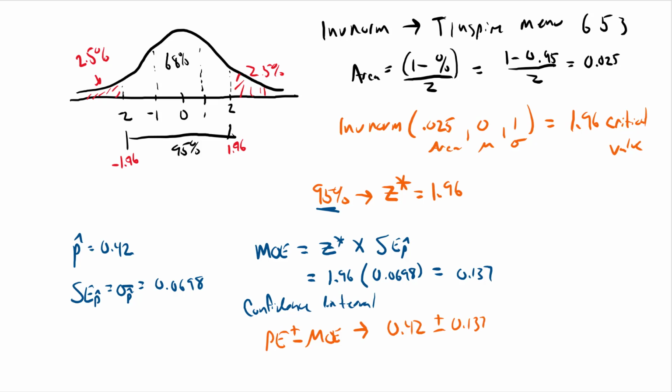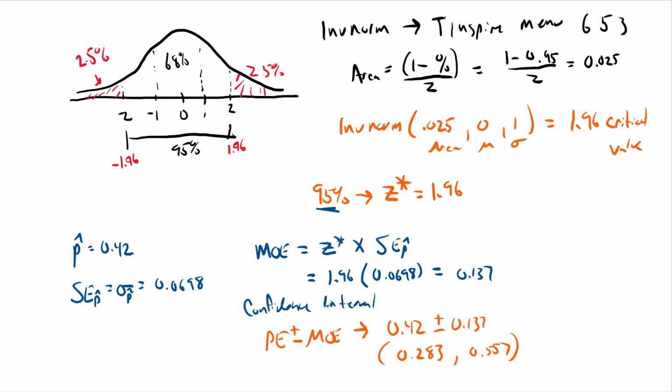And that should give us the values of 0.283 and 0.557. Okay? So therefore, that is our interval. Our confidence interval goes from 0.283 to 0.557.